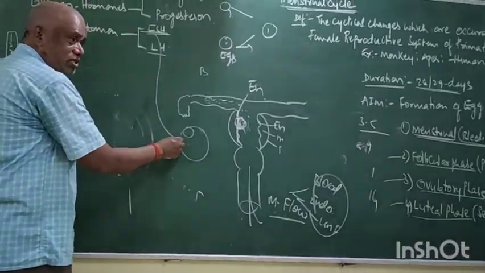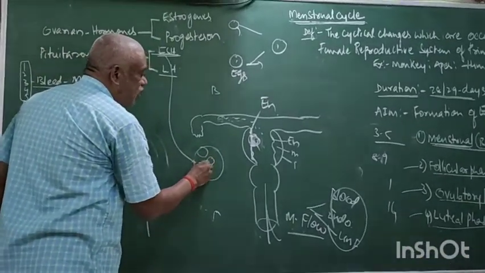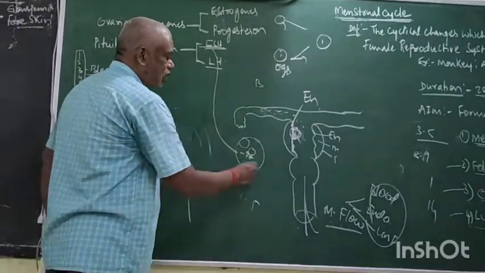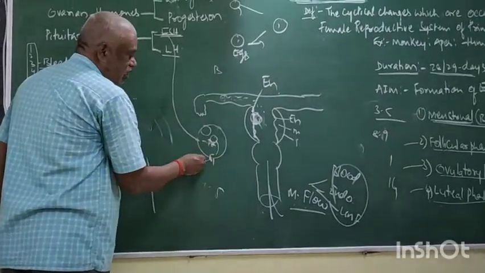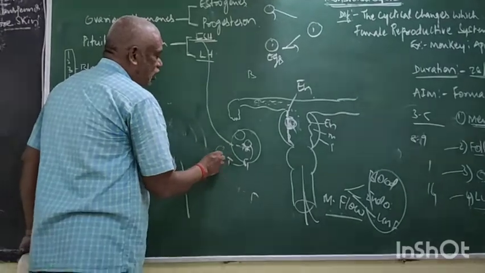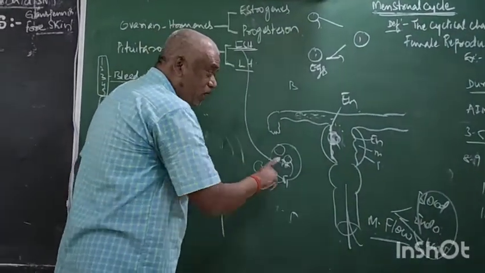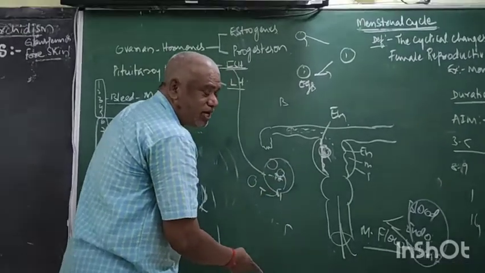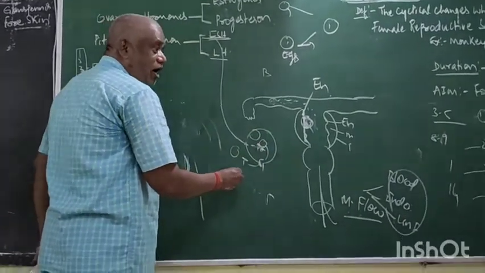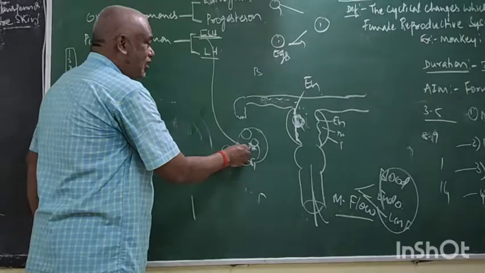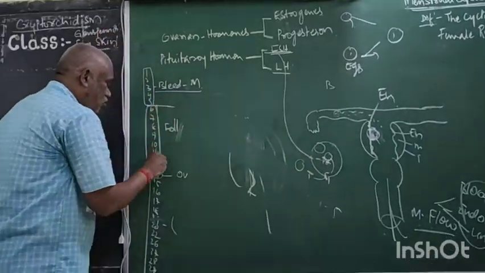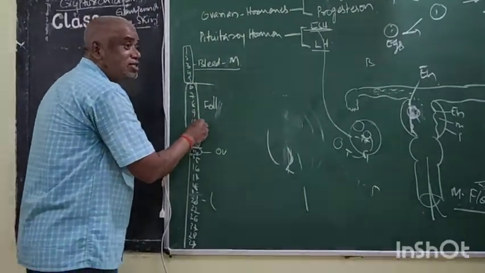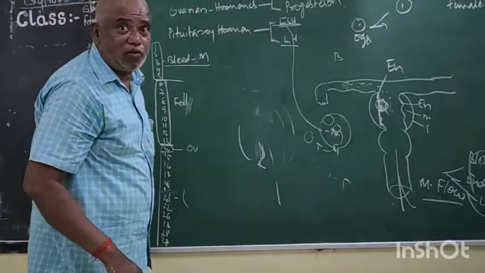This stimulates the primary follicle. The primary follicle becomes a secondary follicle. The secondary follicle becomes a tertiary follicle, the Graafian follicle. Follicular growth, follicular development occurs from the 6th day to the 13th day. Hence it is called the follicular phase.